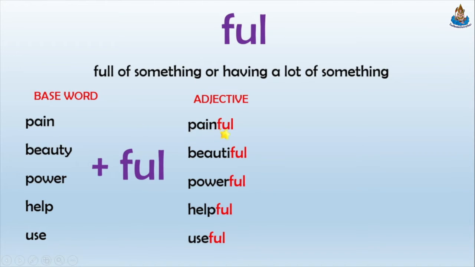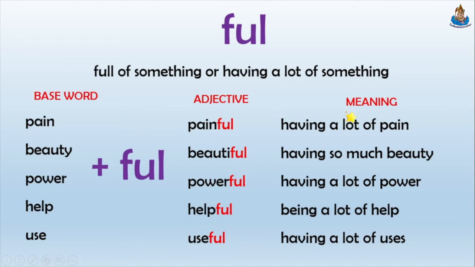The word painful means having a lot of pain, or being in a lot of agony. Next one, we have beauty. We add the suffix full, and it becomes beautiful. This one we have to change the spelling. We change y to i and add the suffix full. So beautiful means having so much beauty.